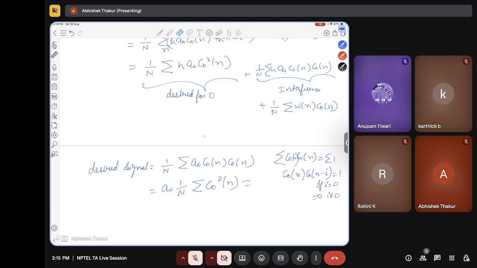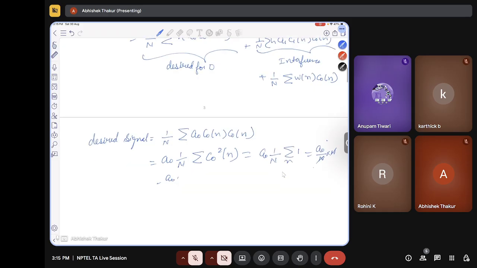We will use that concept. So this part is A0 times 1 by N summation of 1. The summation becomes N, so A0 by N into N becomes A0.